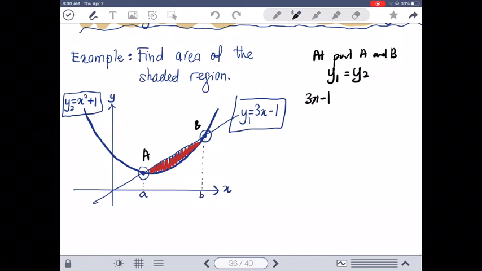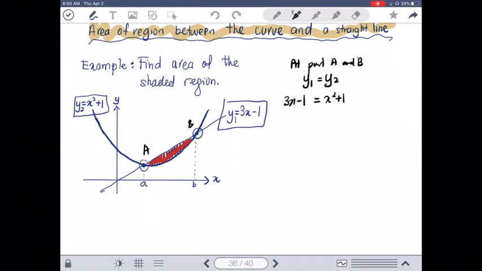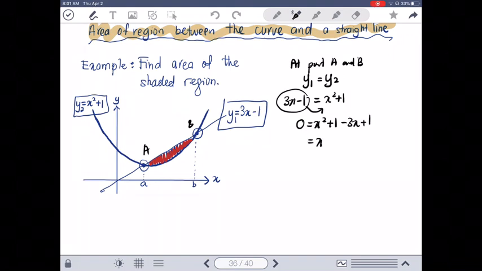So we can say that 3x minus 1 equals x squared plus 1. So we need to find the values of x. What I will do is bring everything to the right hand side. So 0 equals x squared plus 1 minus 3x plus 1, which becomes x squared minus 3x plus 2.